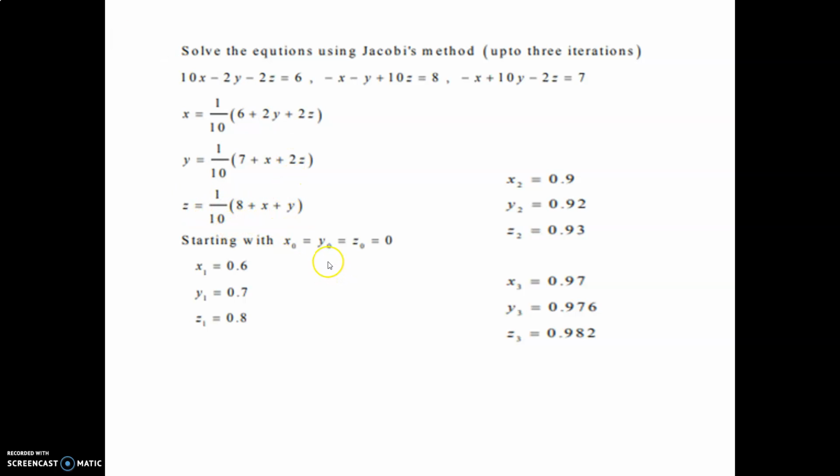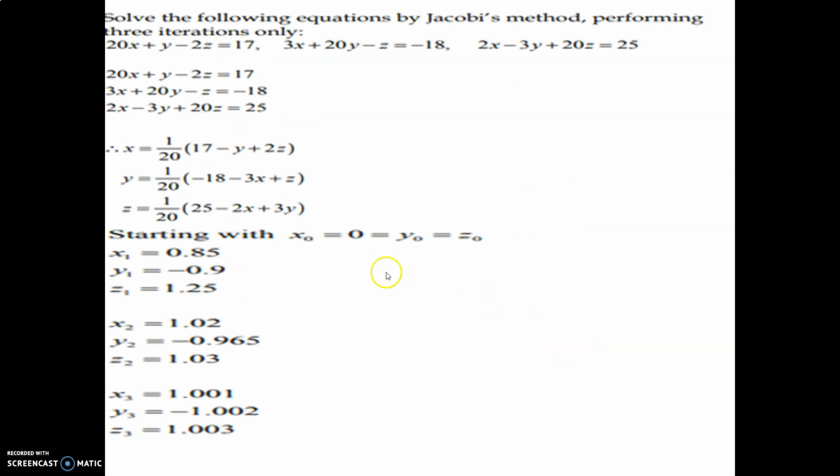Taking initial root x0, y0, z0 equal to 0: x1 = 0.6, y1 = 0.7, z1 = 0.8; x2 = 0.9, y2 = 0.92, z2 = 0.93; x3 = 0.97, y3 = 0.976, z3 = 0.982.